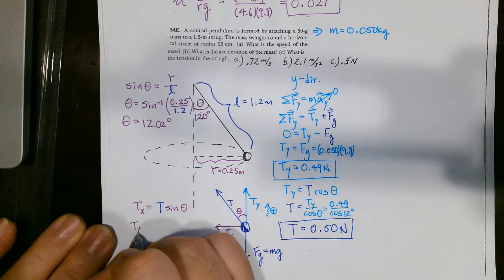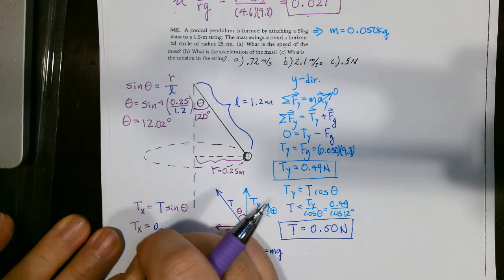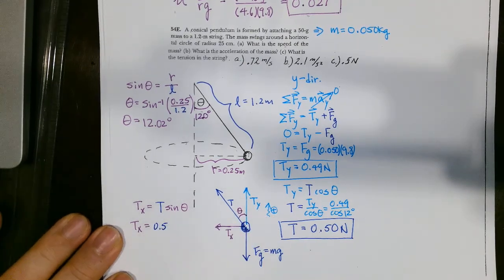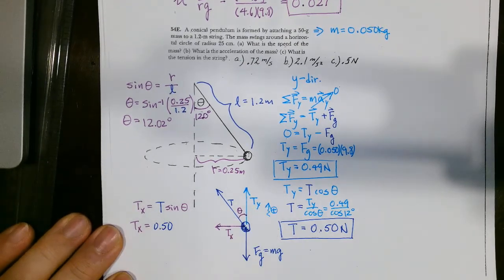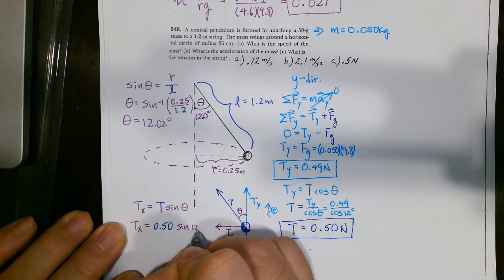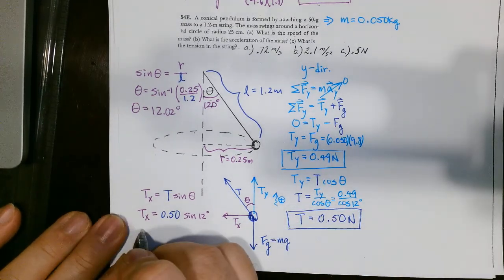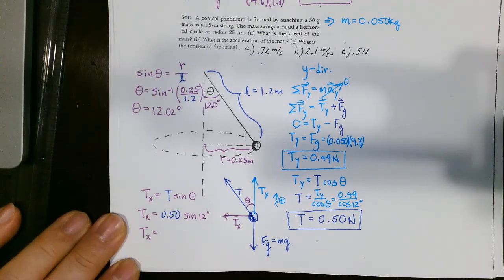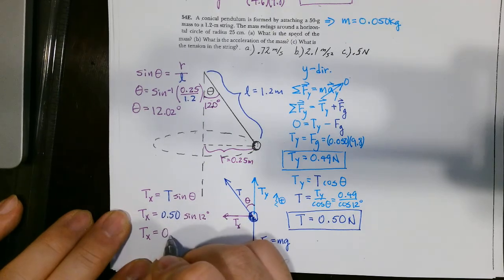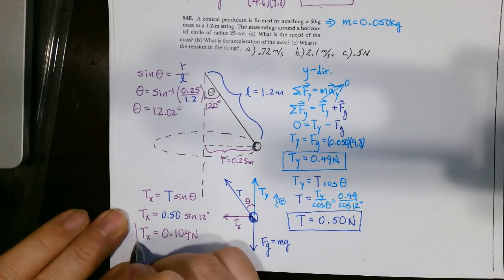So my Tx is equal to 0.5 times sine of 12. Right? So if you work that out, Tx comes out to 0.104 newtons.